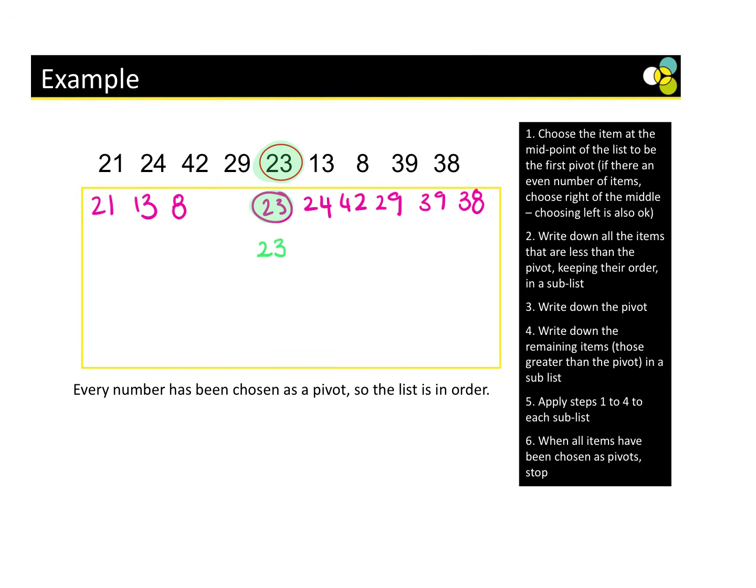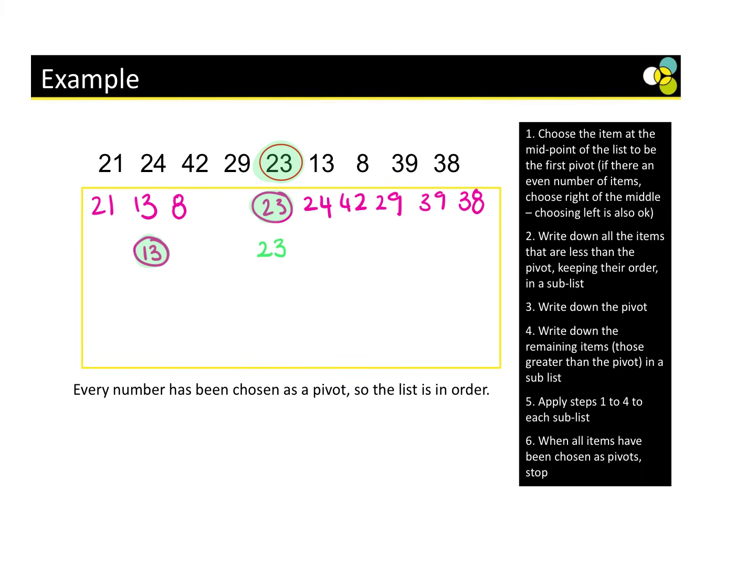So we do a pivot on the left-hand side of our old pivot. Here we have, again, an odd set of numbers. So our pivot is now 13. So I'm going to write 13 and circle it because this is our new pivot on this side. Okay, so now I have this pivot.